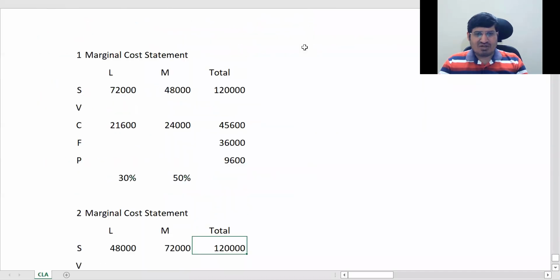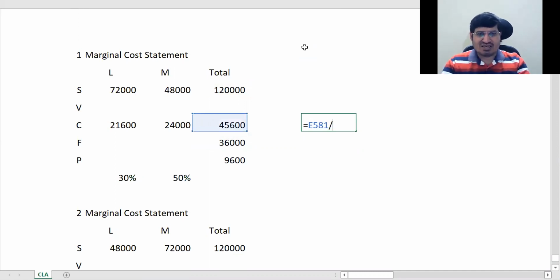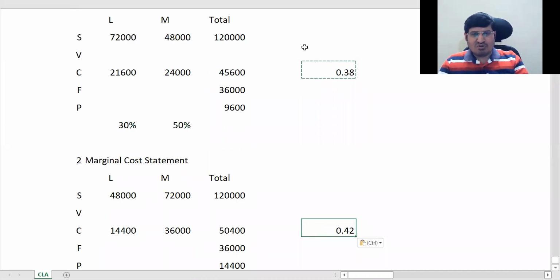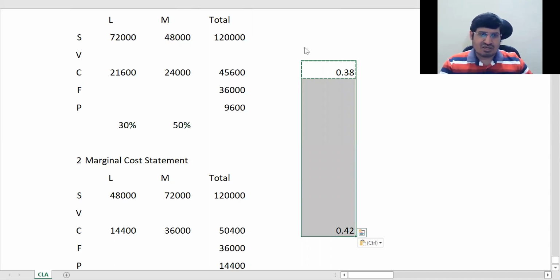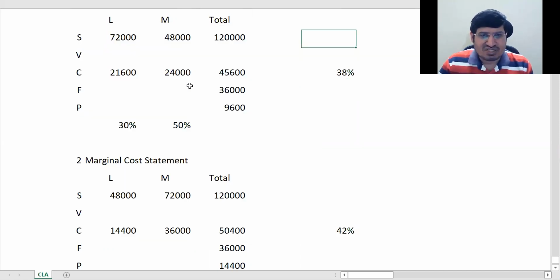PV ratio for total will be 45,600 upon 1,20,000 into 100. 38% in this case and 42% in the second case. 38% and 42% is the PV ratio.